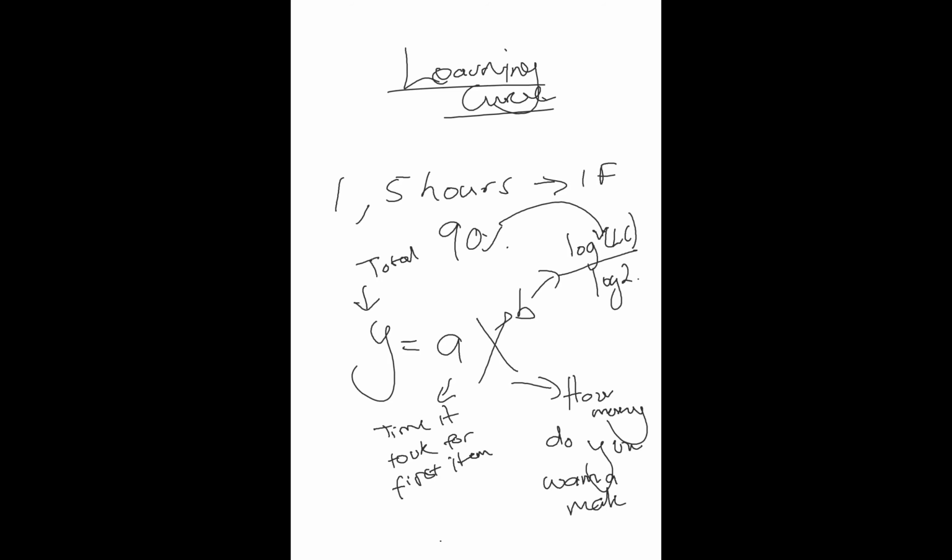So the formula is always going to be divided by log 2; the bottom is always going to be log 2. What this is going to give you is the average time it's going to take you to manufacture every unit.